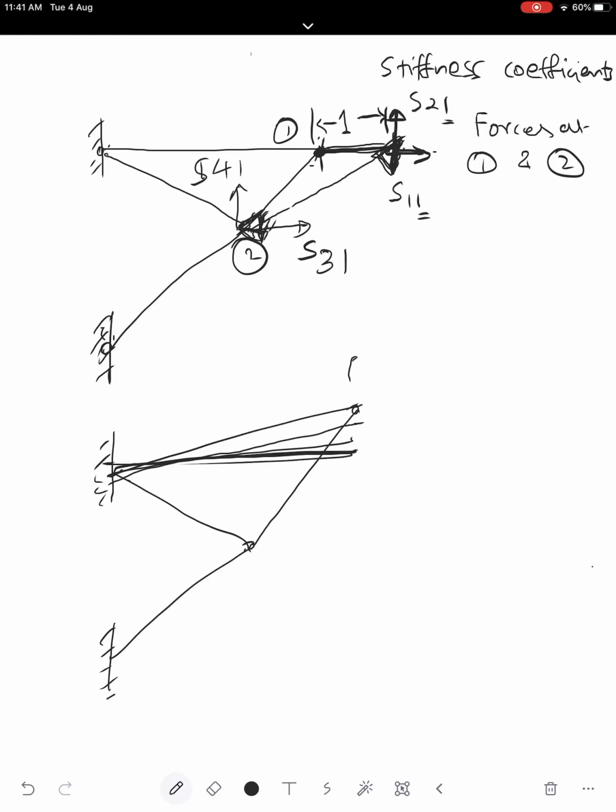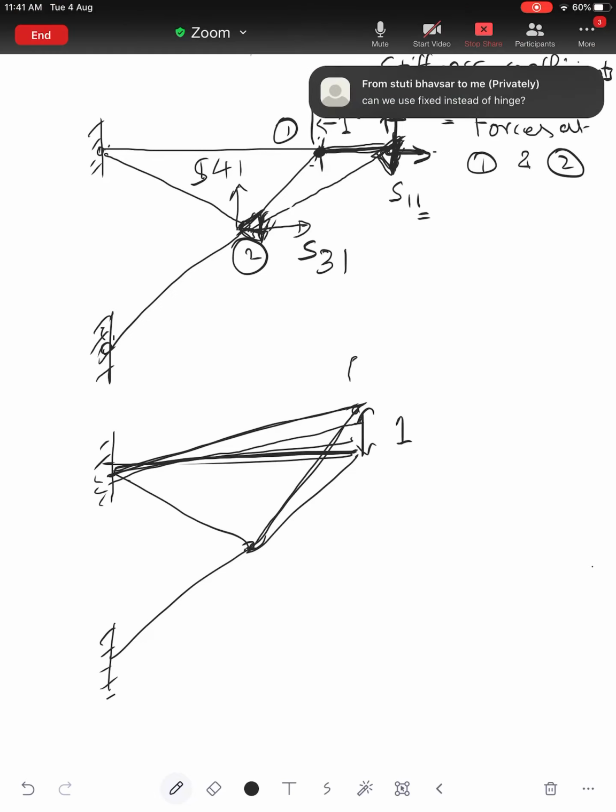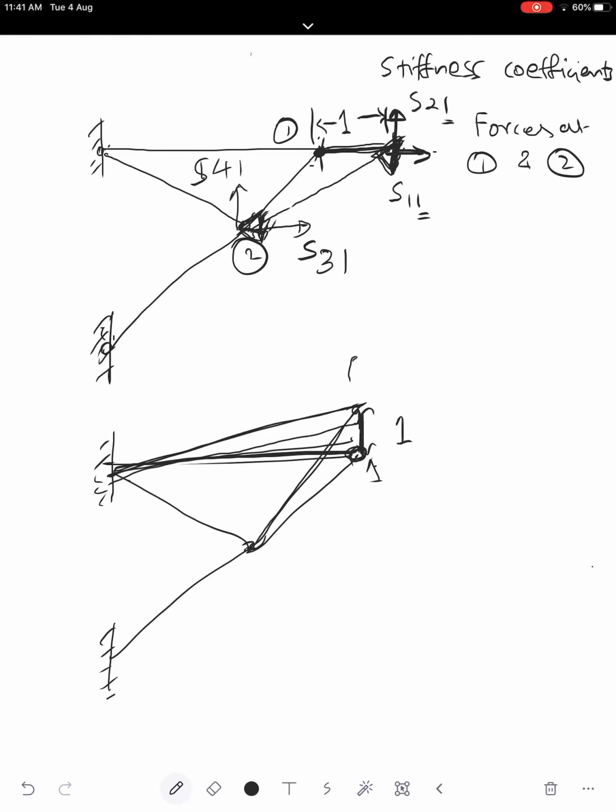So original truss was like this, and this was the final deformed shape. So there we are allowing unit displacement in vertical direction of this joint 1. So there will be two forces here, one vertical and one horizontal.